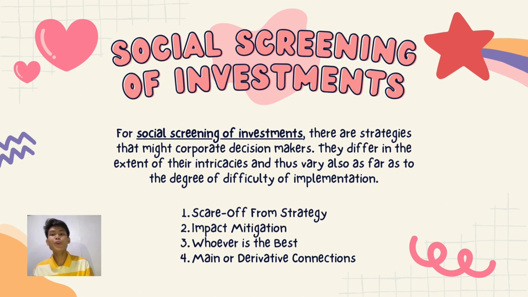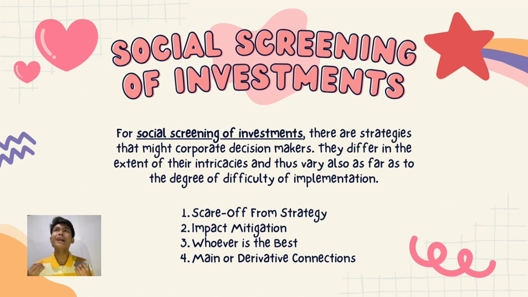Next in line is yung whoever is the best. So sa strategy naman na ito, it involves a kind of free market model where companies within the same industries compete with one another for the best records on a variety of social issues.